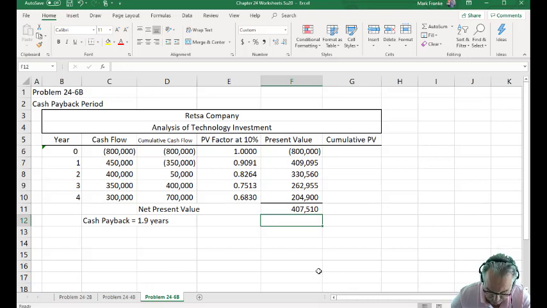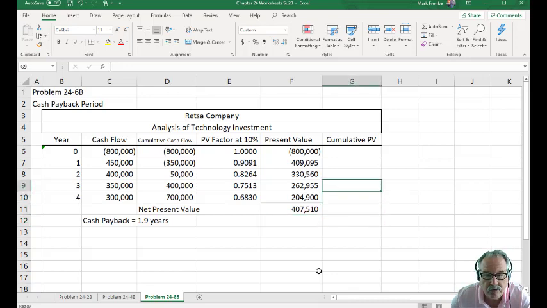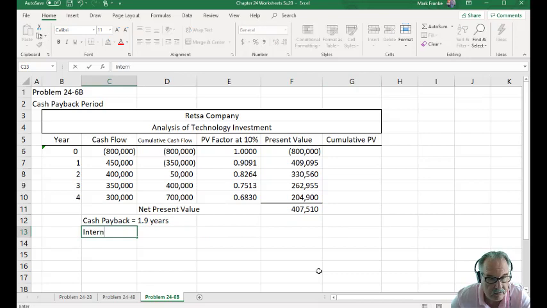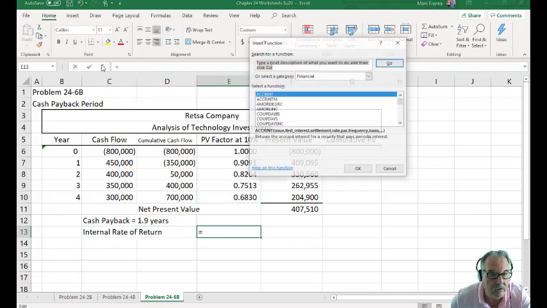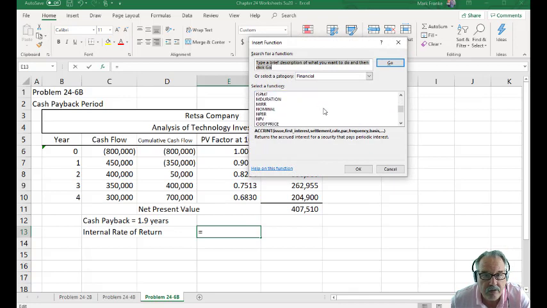So I'm going to calculate the internal rate of return by just taking the cash flows and using that IRR function.